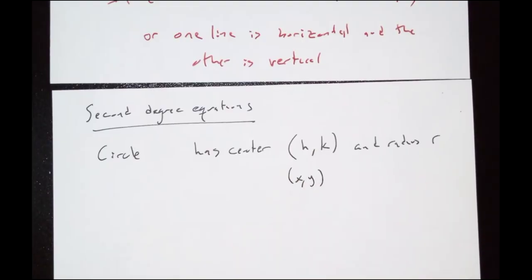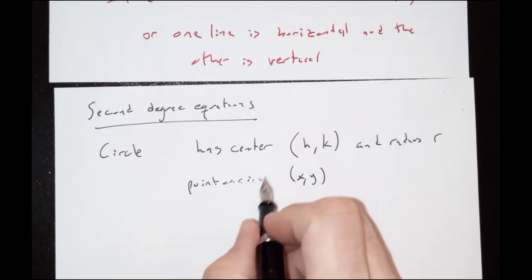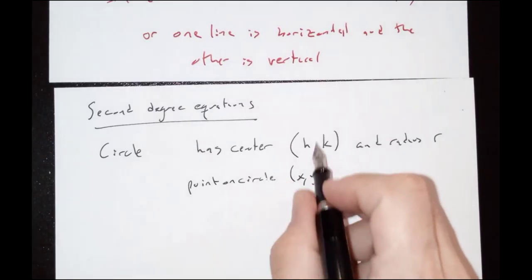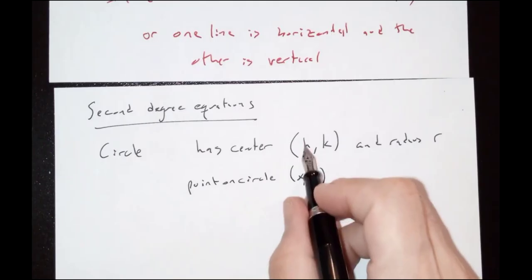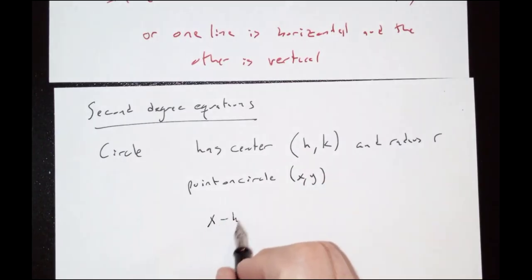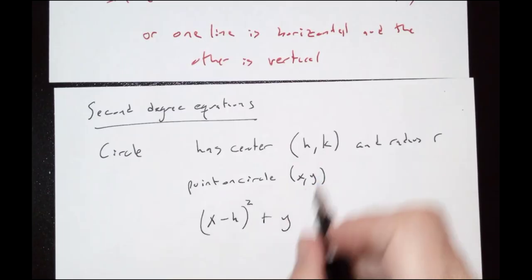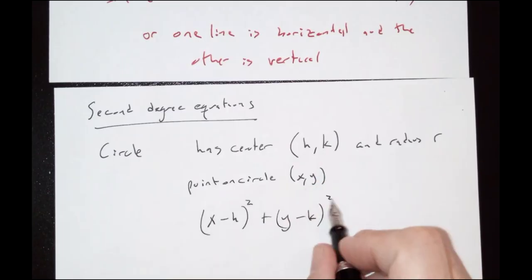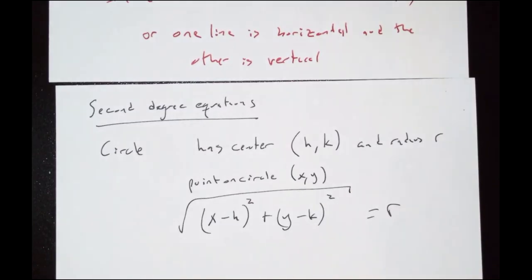So I have a point on the circle. And I'd say the distance between these two has to be this. So I'll take X2 minus X1, and I'll square it. And I'll take Y2 minus Y1, and I'll square it. And I'll take the square root of all of that, and I'll set it equal to my distance.